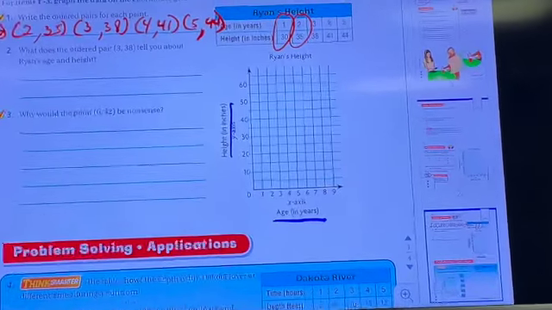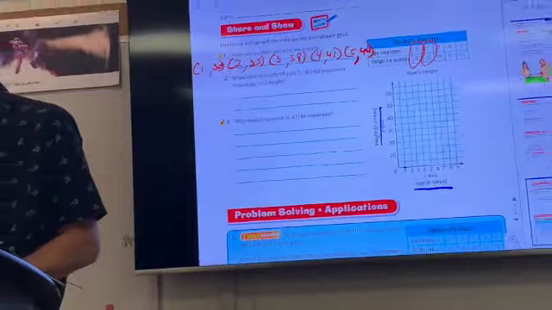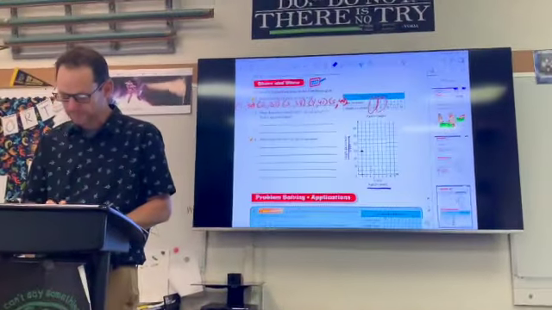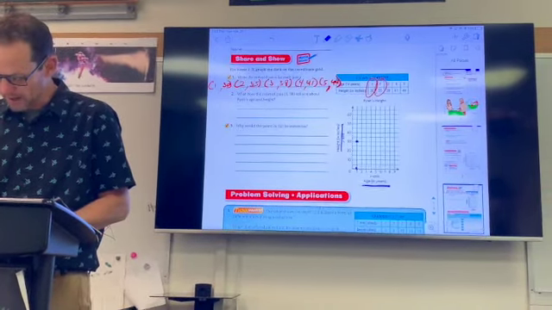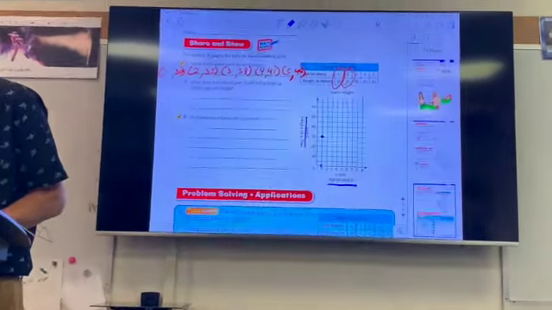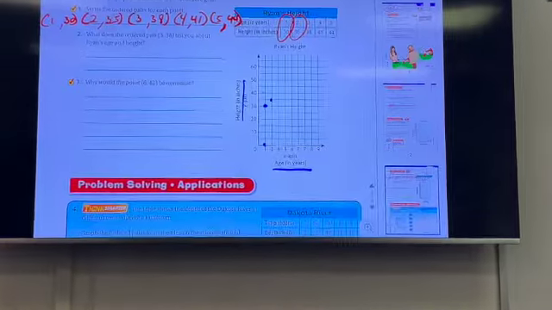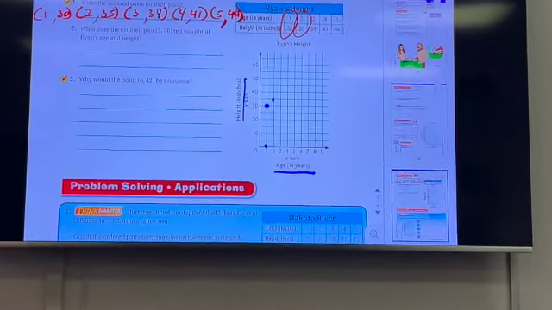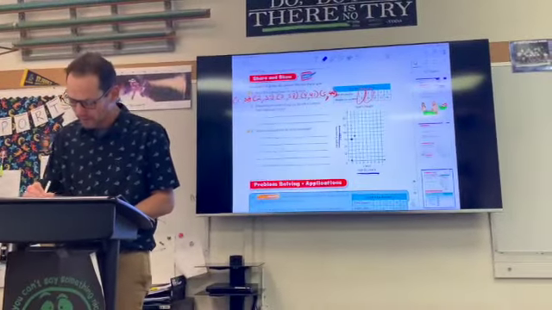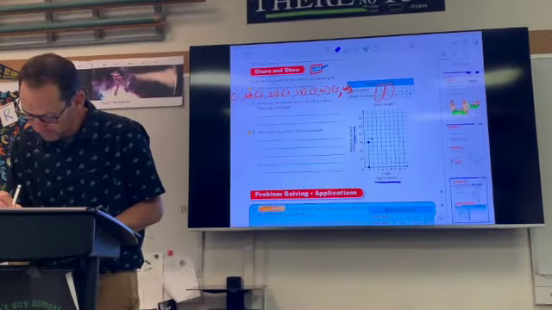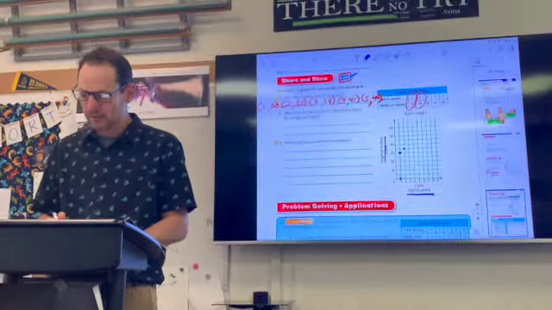So the first one, (1, 30). Okay, that's the first point. Now I'm going to go over to (2, 35). There isn't a number, but we see that line there, that's 35 right there. (3, 38), well, we're going to have to kind of guess what that is, close to 40. (4, 41), we're going to go a little bit above the line right there.